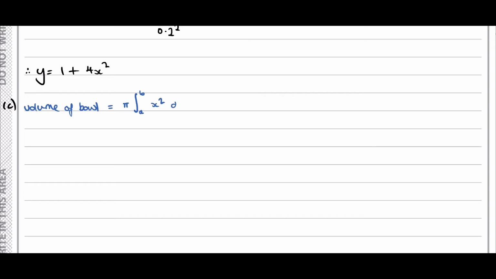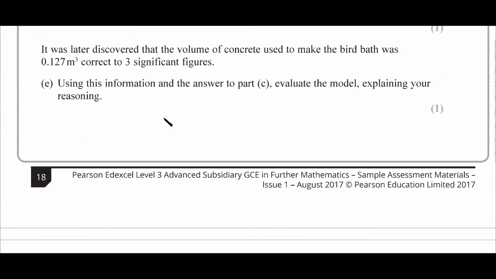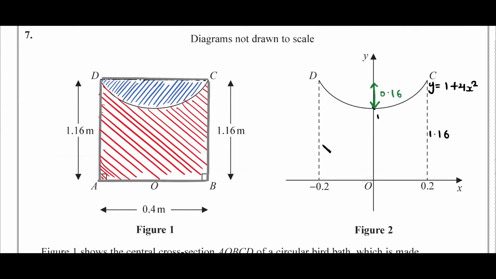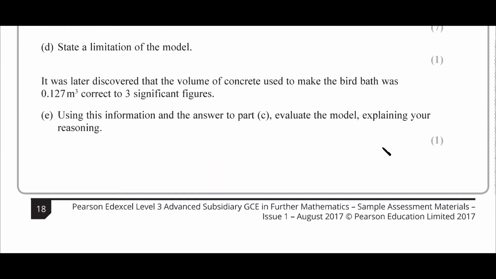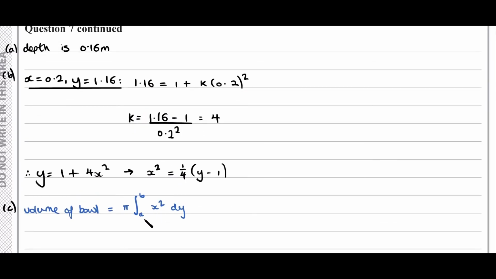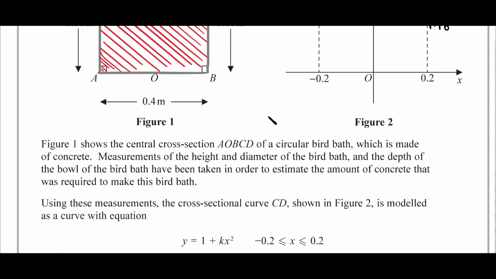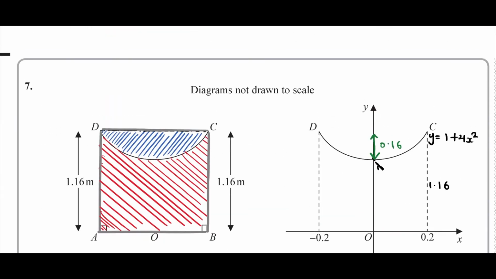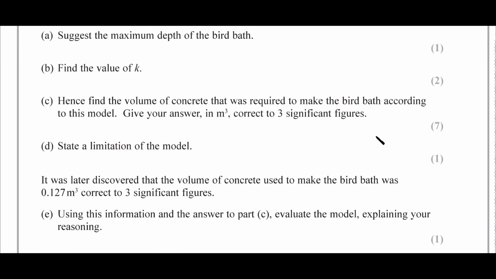This is volume of revolution: we're rotating something 360 degrees about the y-axis. We can find x squared from here: x squared equals 1/4 lots of y minus 1. With that, we can find our limits: if we go back, we are going from y equals 1 to y equals 1.16. So those are our limits.